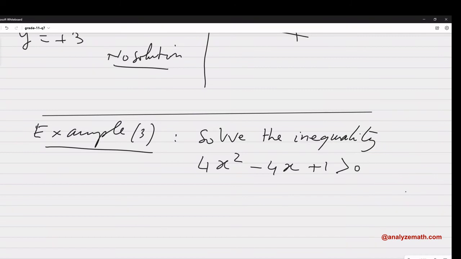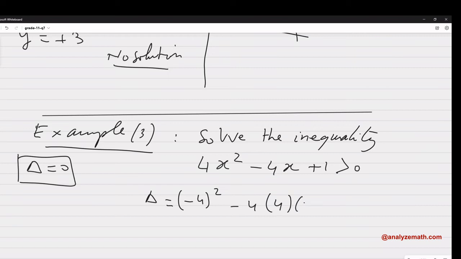Third example, we're looking at an inequality where when we go and find the discriminant delta, it will be 0. So let's find the delta equal b squared, with b equal -4, squared, minus 4ac, a equal to 4, c equal to 1.